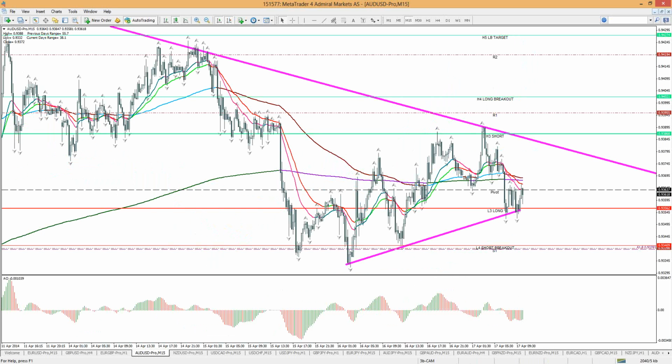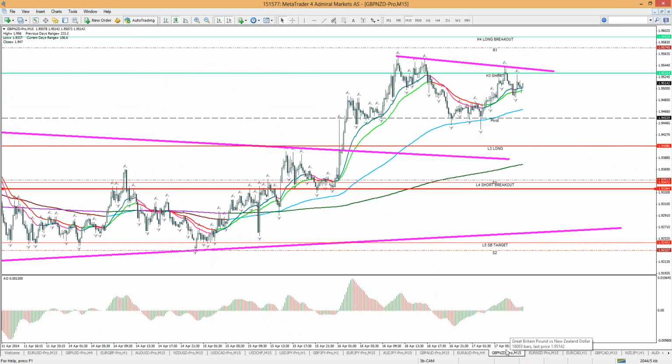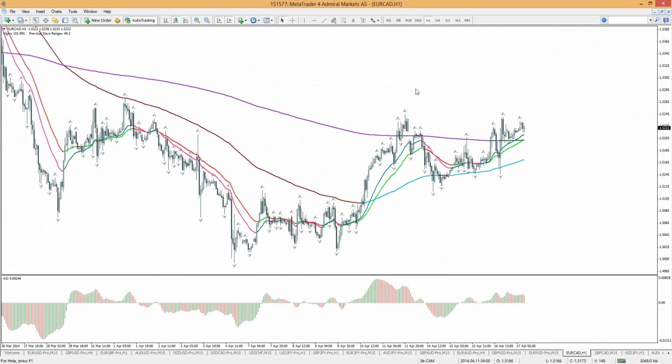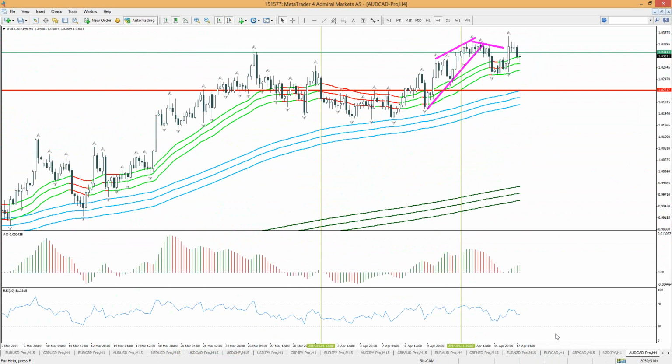Let's see. What else can we look at? Oddcat made one more push up, surprisingly.